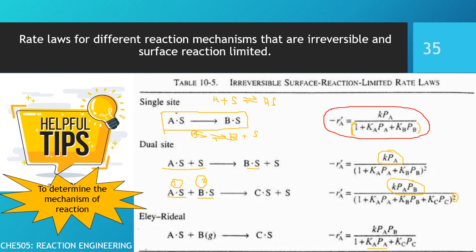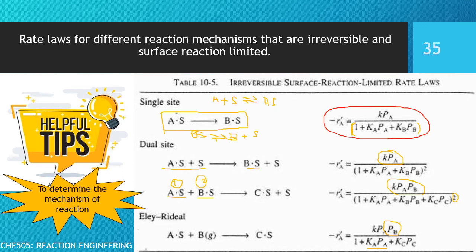And C as a product is at the active site. So when we know that there are 2 reactants, but only A appears at the denominator, automatically species B is only involved in the surface reaction as a gas, via the Eley-Rideal mechanism.